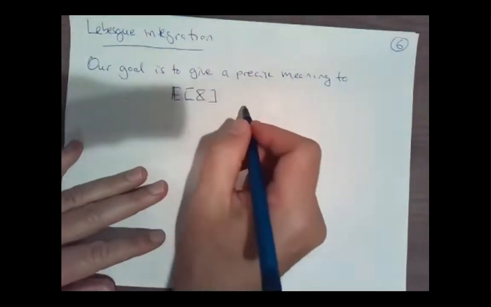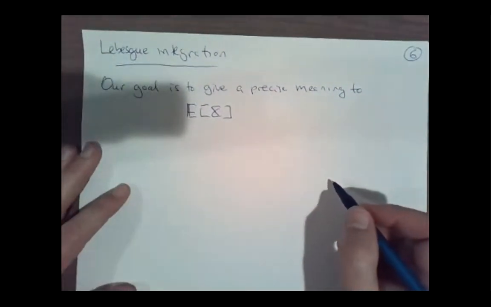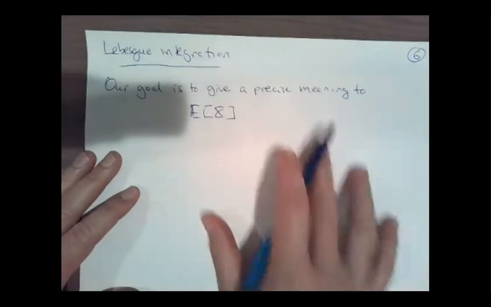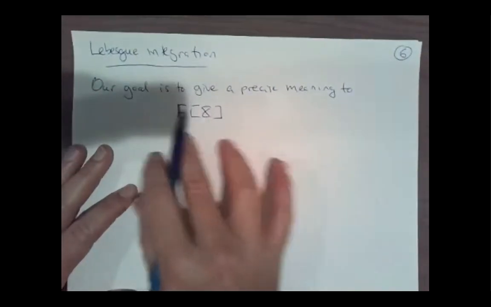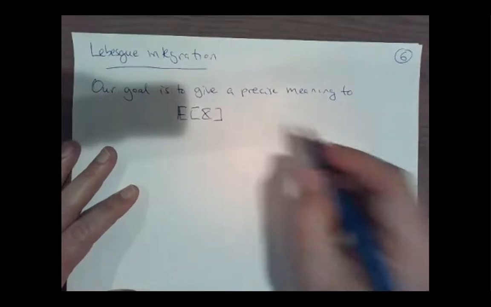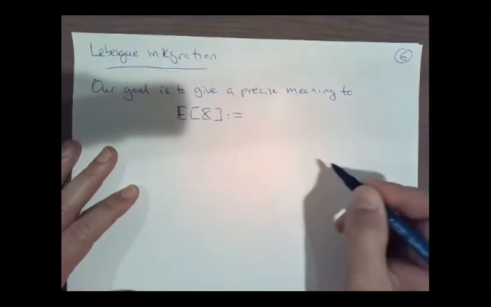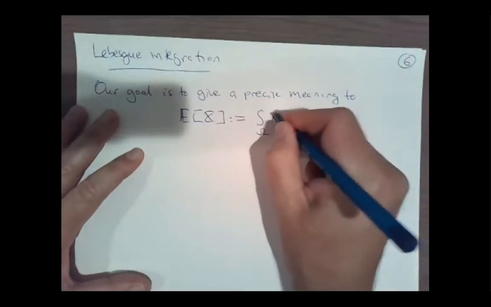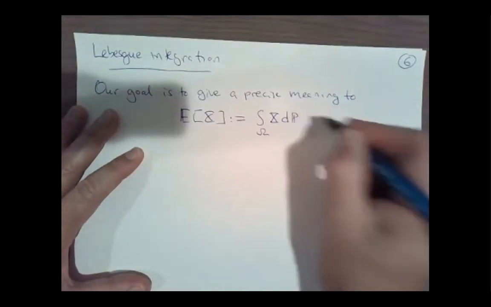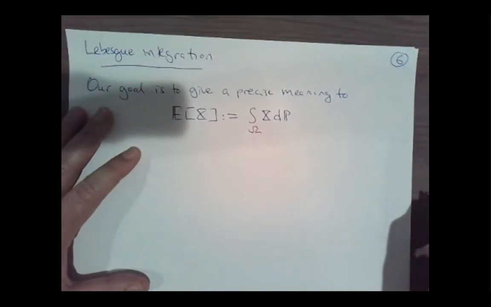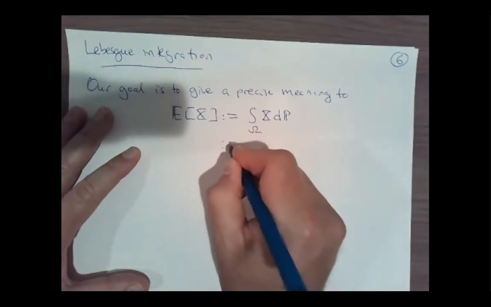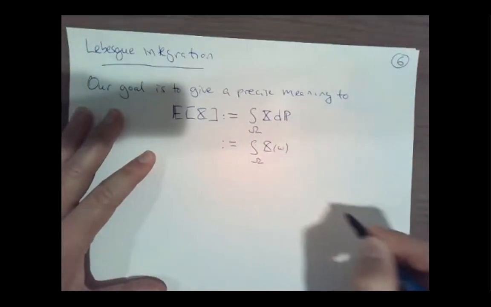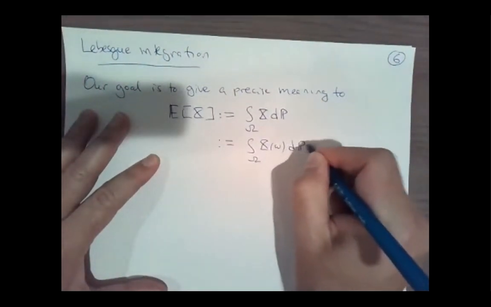This can be written in many different forms. Now it's just a question of notation. What I'm writing here does not have any mathematical meaning. It's just different ways of writing this expectation. This here is the same as writing an integral over omega of X dP. And this is the same as writing an integral over omega of X of little omega dP of omega.